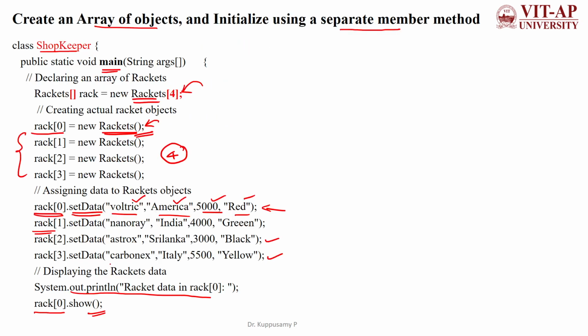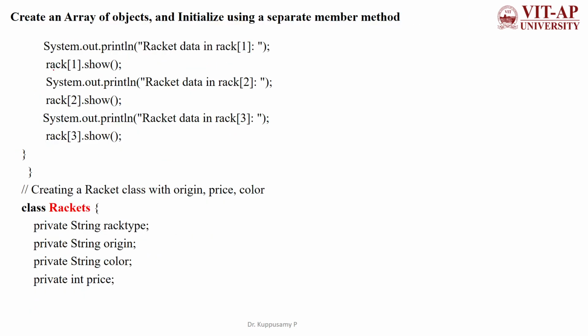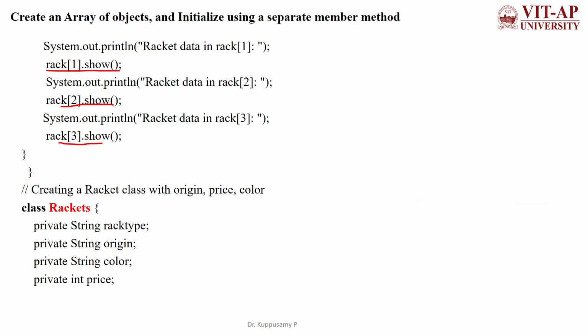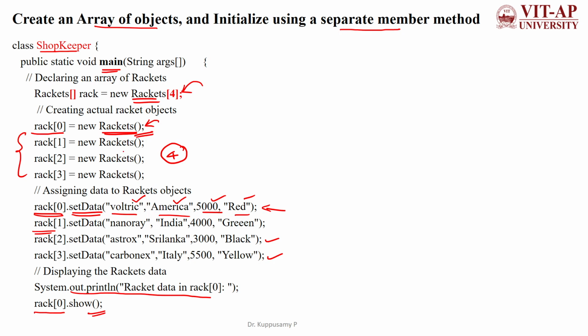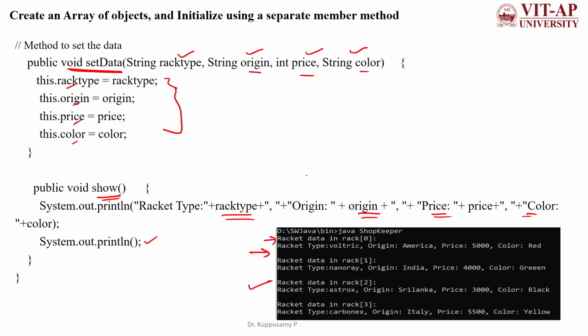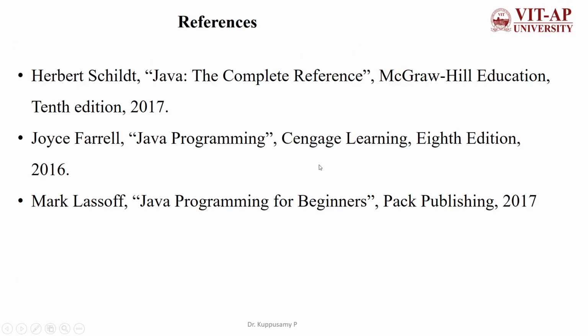Then we are calling here second object variable dot show, then third object variable dot show, and fourth object variable dot show. So here all 4 values are printed. Then finally when you are coming to the end of this main method, the class is completed its execution. So here we can create an array of objects by using a constructor or separate member method.